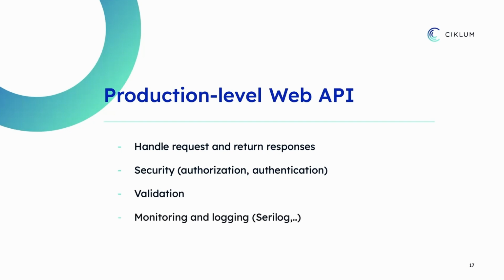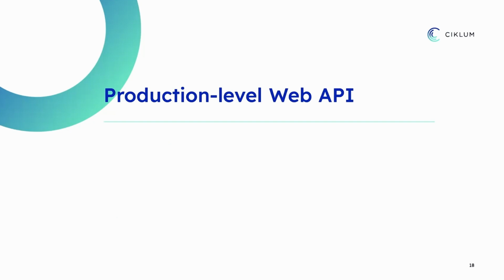Also, it's important to have monitoring, which is connected with logging. This is what a production level API should fulfill. There is also API versioning, because in a bigger application we may need to support multiple versions. So API versioning is a must-have for a production level web API.